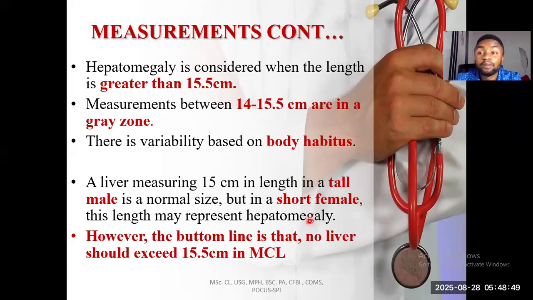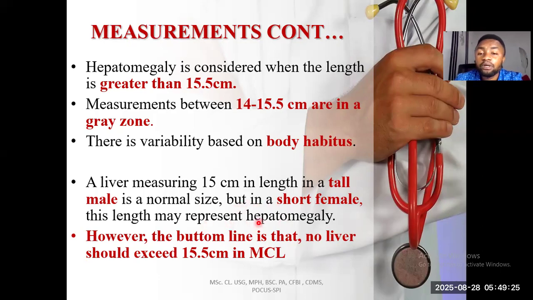However, depending on your body habitus, we can say that it is normal. When you get even 15.3, 15.5, it's normal. In females, we don't expect their level to go beyond 14, with the exception of some tribes in the country where the females are very tall. Yes, for them, they compete with the men for liver size.